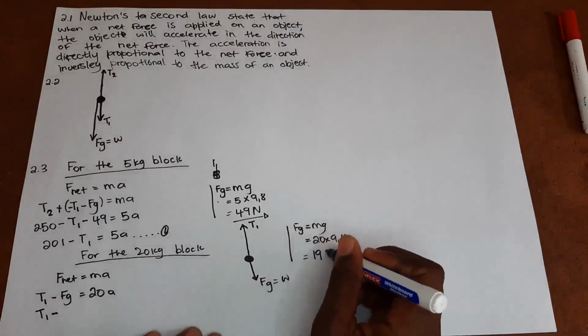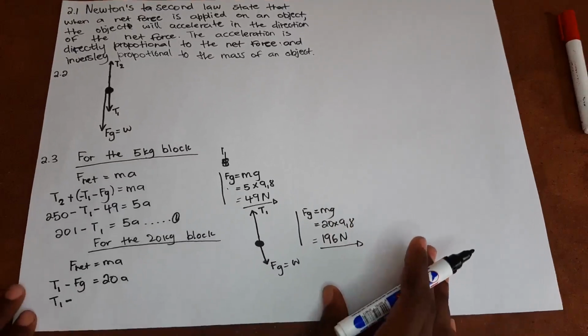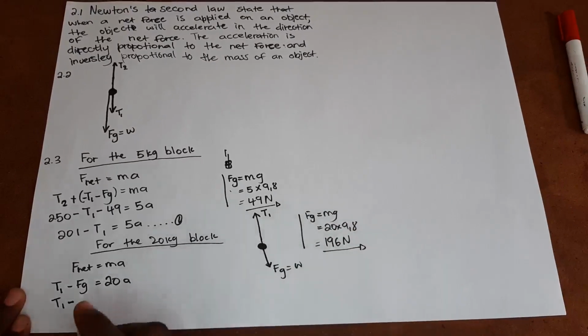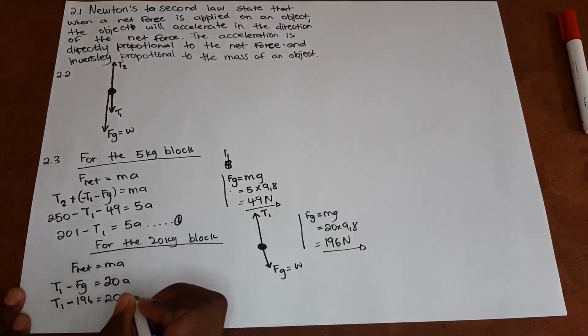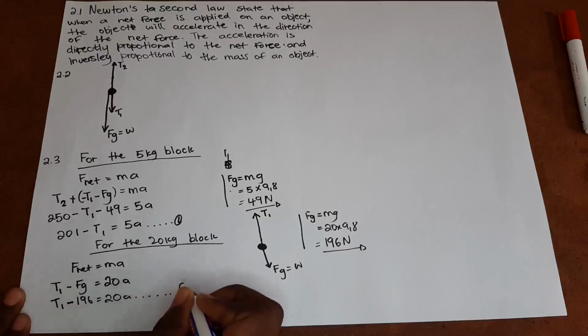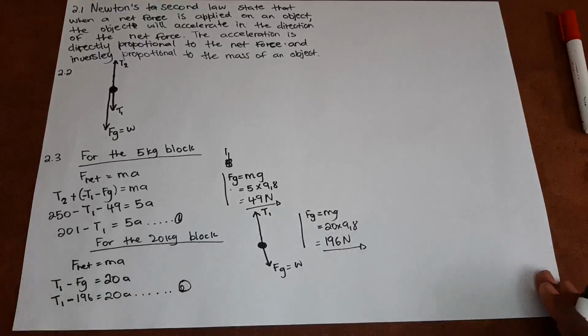So now this becomes T1 minus 196 newtons equals 20a, and this becomes our equation 2.